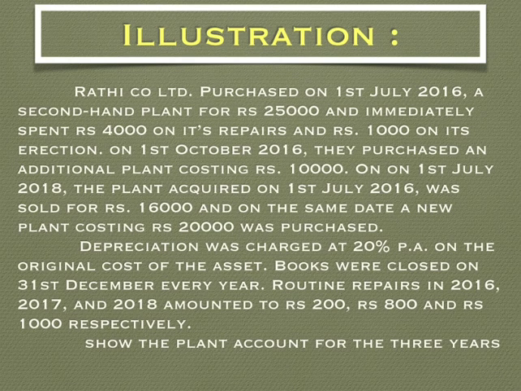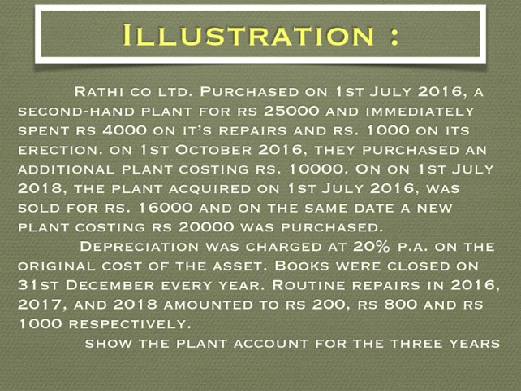Rathi Company Limited purchased on 1st July 2016 a second-hand plant for rupees 25,000 and immediately spent rupees 4,000 on its repairs and rupees 1,000 on its erection. See, Rathi Company has purchased one plant, a second-hand plant for rupees 25,000 on 1st July 2016.